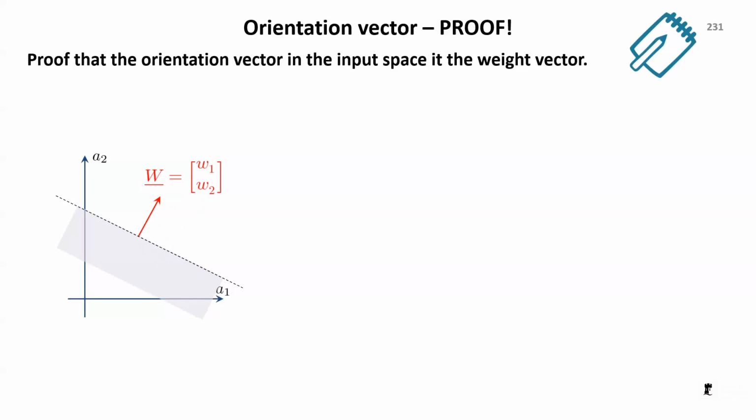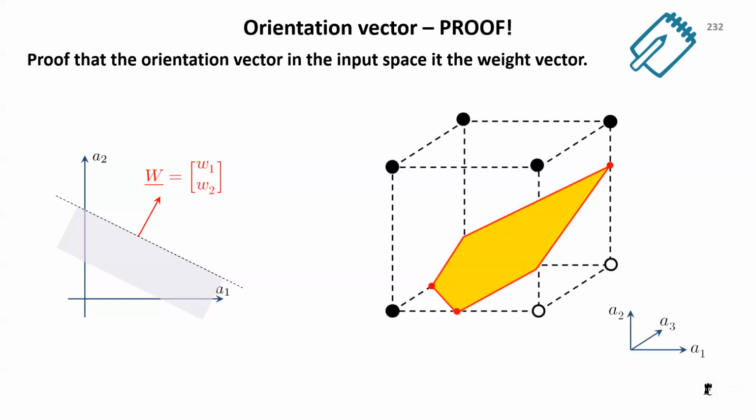I will talk in detail about the proof of this in the revision session, but I just want you to have this concept. If you have a discrimination line, the normal vector is the weight itself. If you have 3 dimensions, the same, it is the input space, so A1, A2, A3.